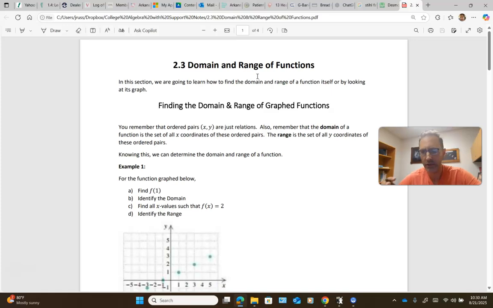And we were using that juicer analogy, in which the domain would be the set of all the different fruits that can be juiced, and the range or the outputs would be all the different types of juices. Okay, grape juice, apple juice, orange juice, etc.